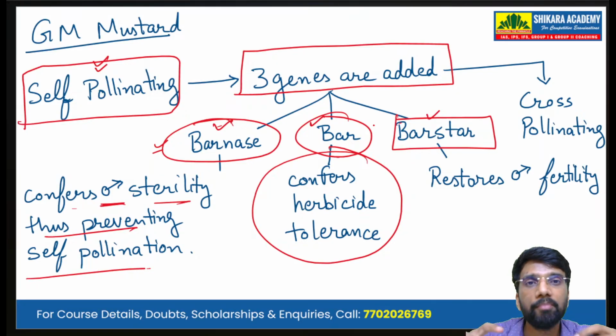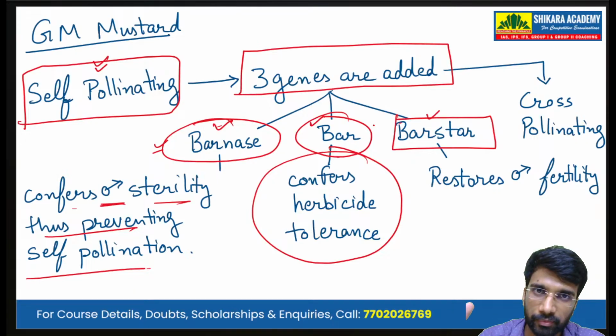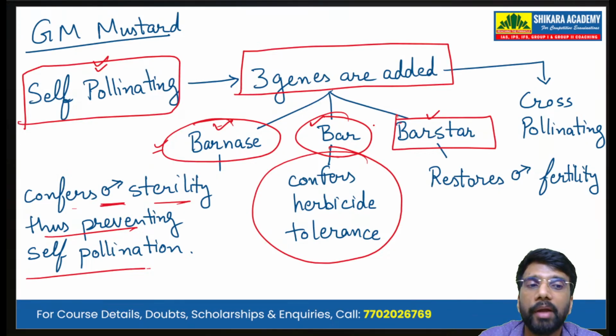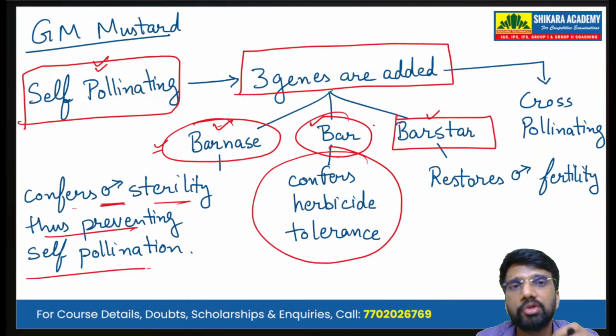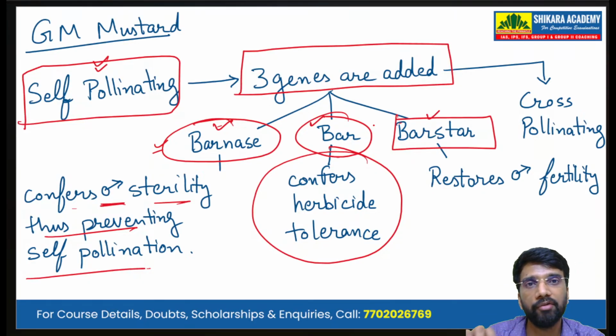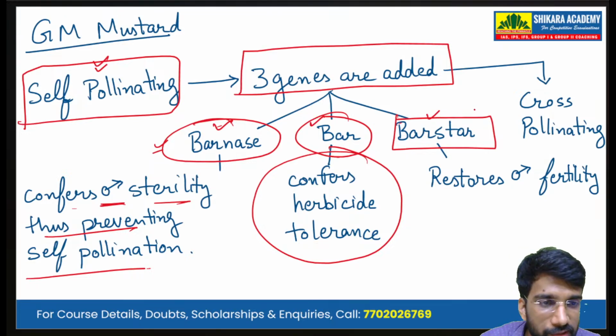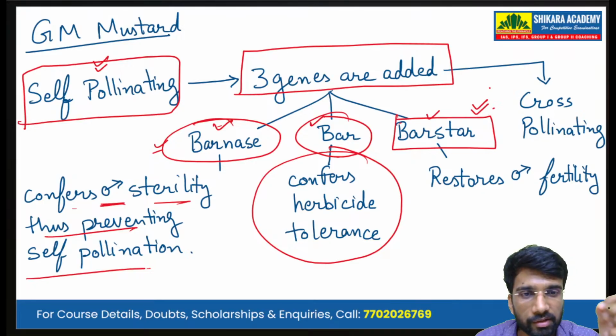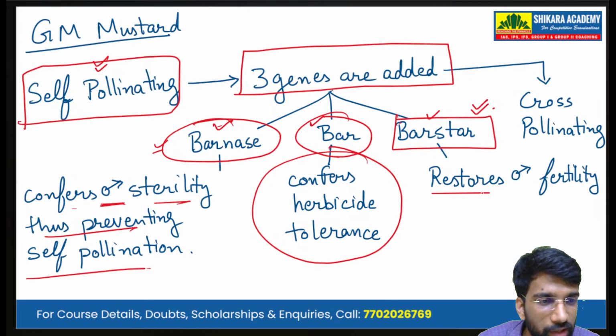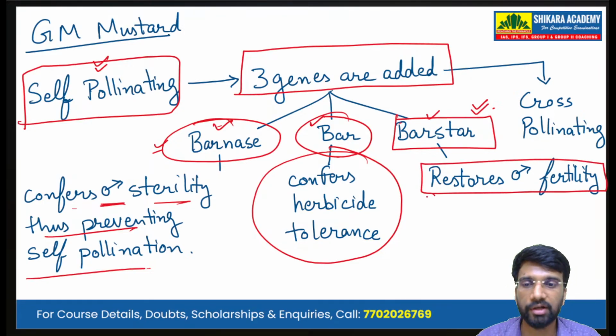Now we want to make more and more copies of itself. We want that particular hybrid to multiply. So now we have to restore the male fertility that we took away using the Barnase gene. So this barstar gene is now added, and it restores the male fertility.